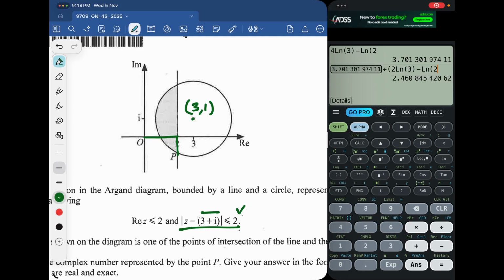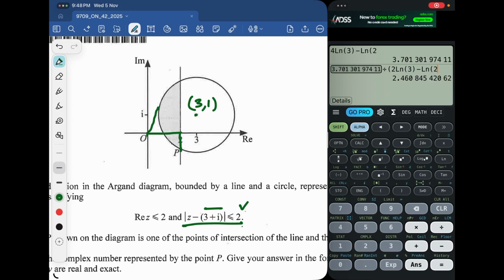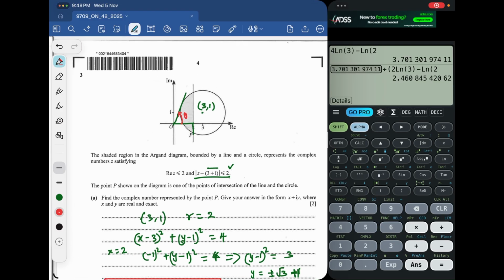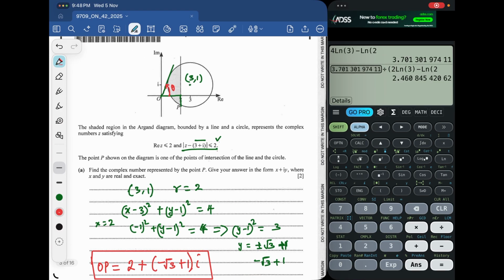So from here, I need to find where that touches that. So I'm actually looking for this angle. So let's call that theta. So that's the angle I am actually looking for. So first of all, how do we find it?